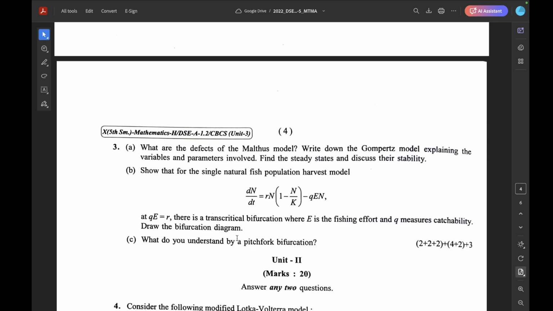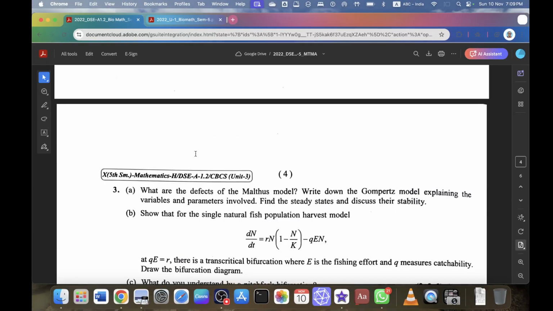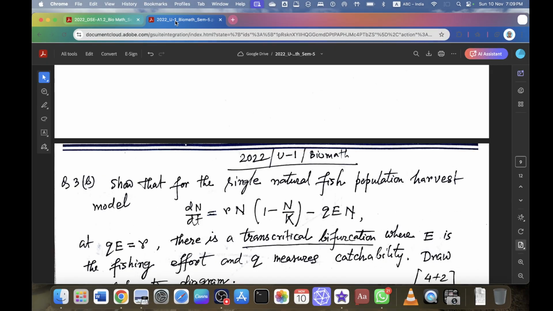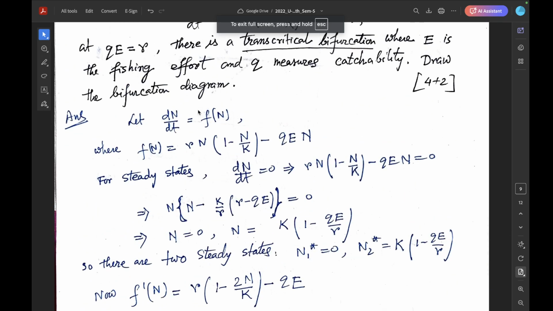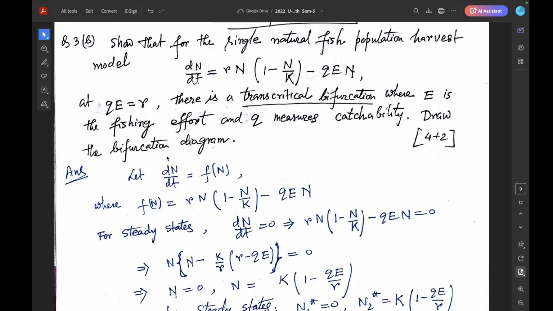I draw the bifurcation diagram. Let dN/dt = f(N). So f(N) = rN(1 - N/K) - qEN.